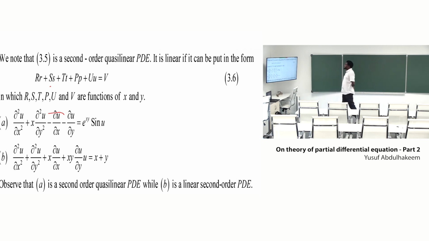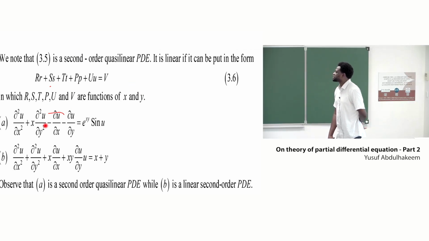So now let's look at these two differential equations. We now want to look at the differential equation with a variable coefficient. Look at this differential equation, the first one.